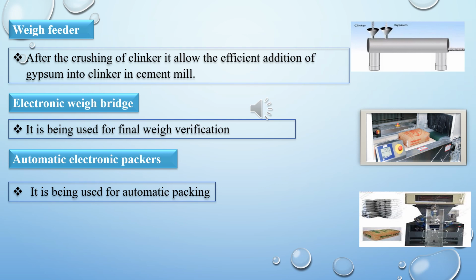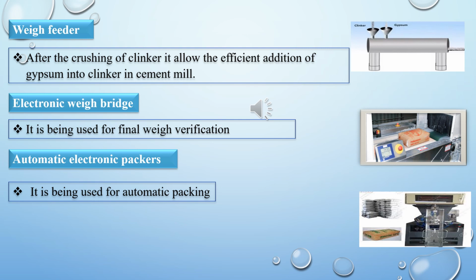After the crushing of clinker, it allows the efficient addition of gypsum into clinker in the cement mill. Next one is electronic weigh bridge. It is being used for the final weight verification. And the next one is automatic electronic packers. It is being used for the automatic packing.